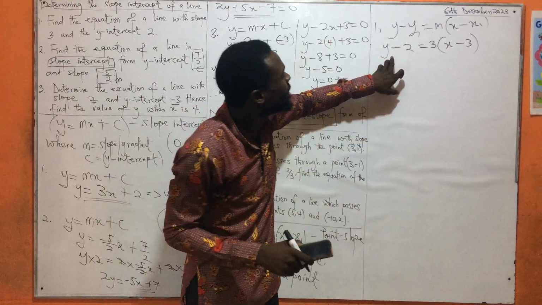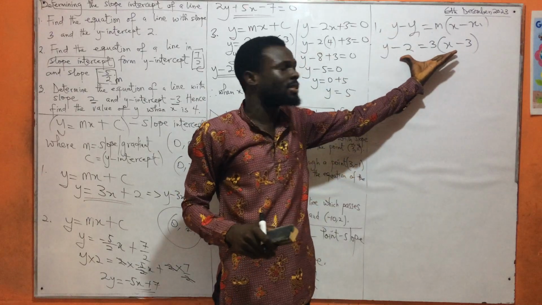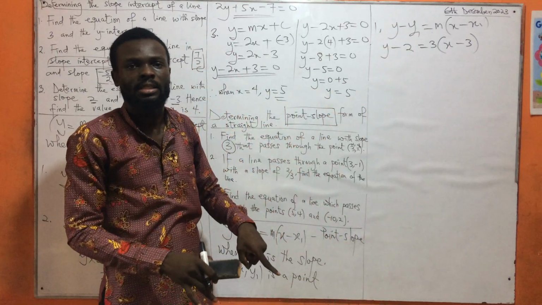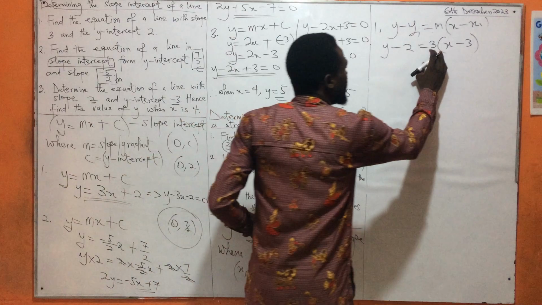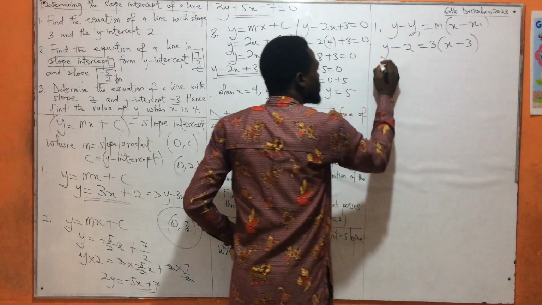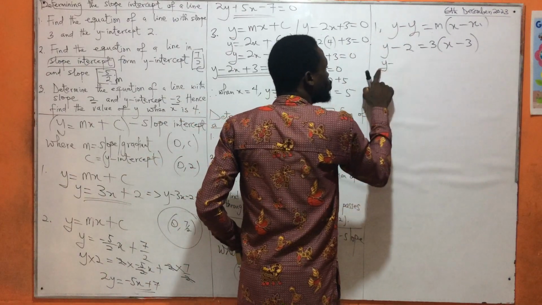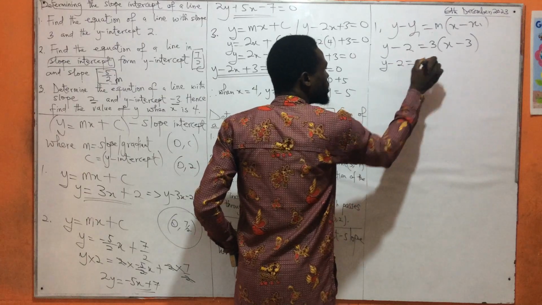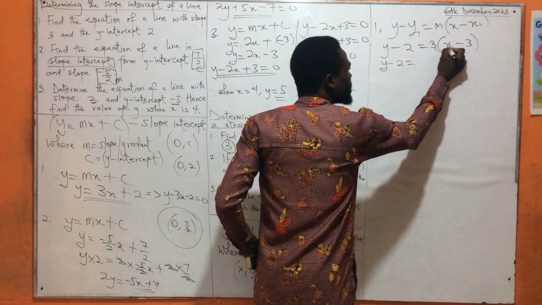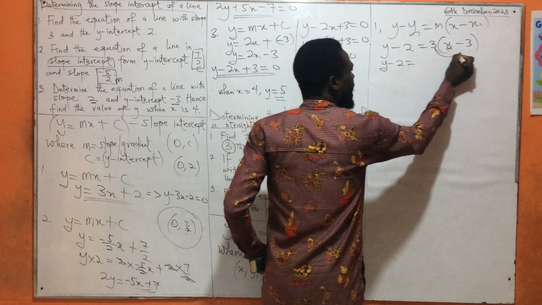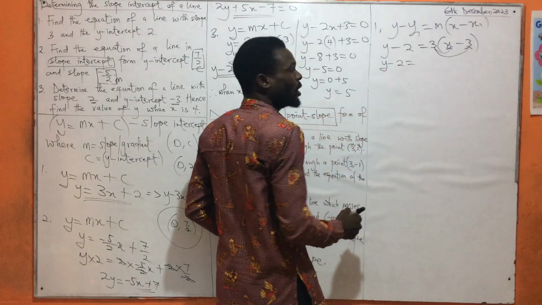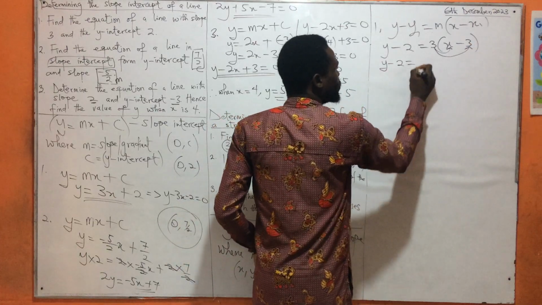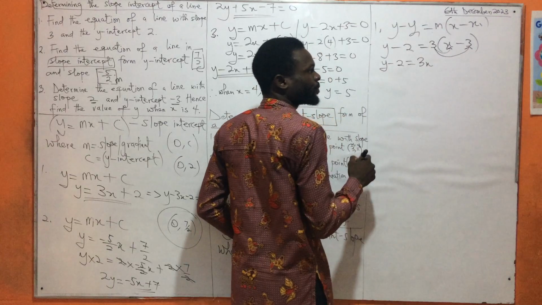But since we can simplify this, we have to simplify it. So let's simplify. Now we have to clear the bracket first. So y minus 2 is equal to 3 will multiply x, and the 3 again will multiply this 3. So 3 times x will give you 3x.